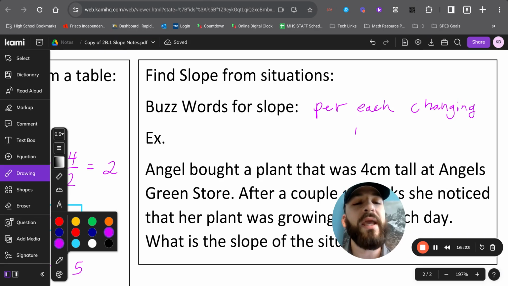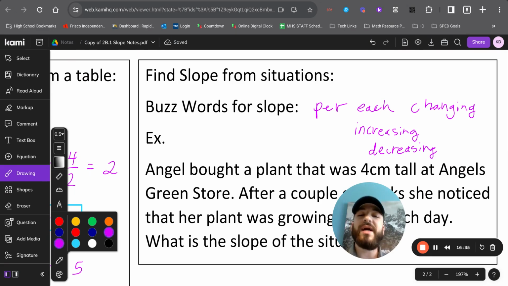Sometimes you might see increasing, which could mean a positive slope, or of course decreasing, which would mean a negative slope. So there's lots of different words that fall into those categories that could tell us that's a slope, and that it's a positive or negative slope, that we could use to identify in our word problem.